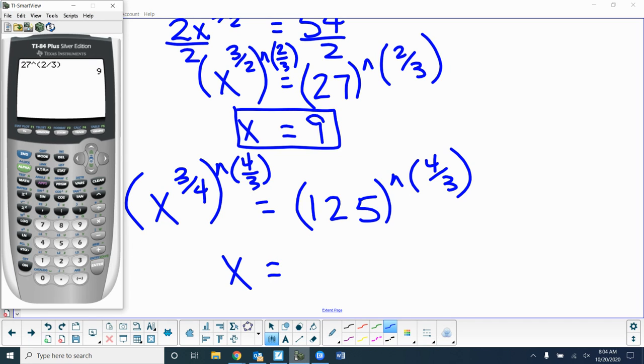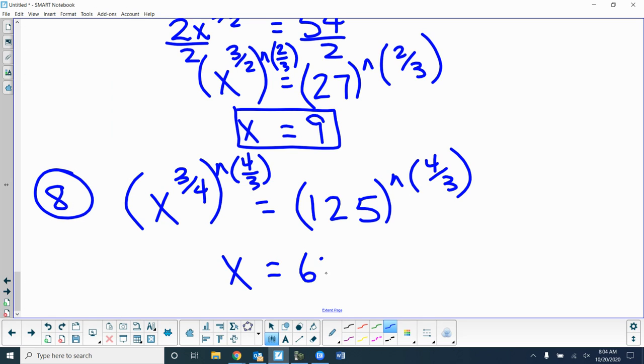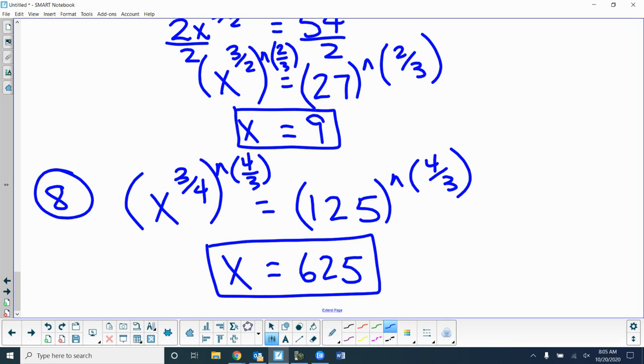So 125 caret 4 divided by 3. So 625. Okay, so I didn't make it that difficult. Right? Finish strong. But we got that one bonus one if you want to do that tomorrow for a few more points.